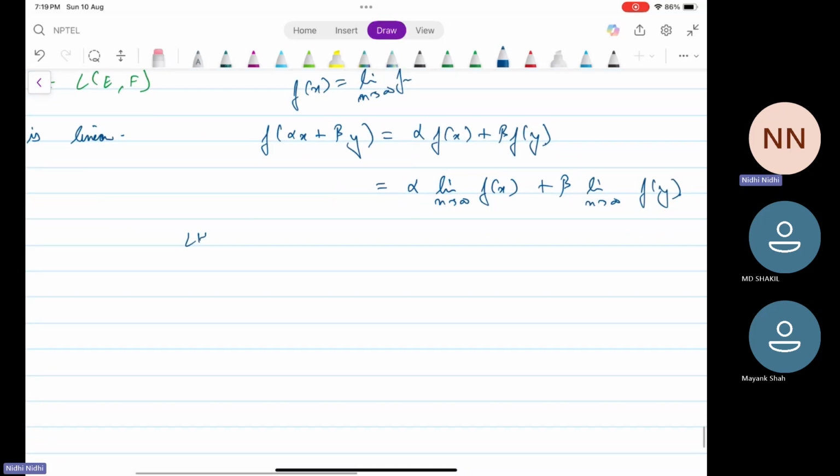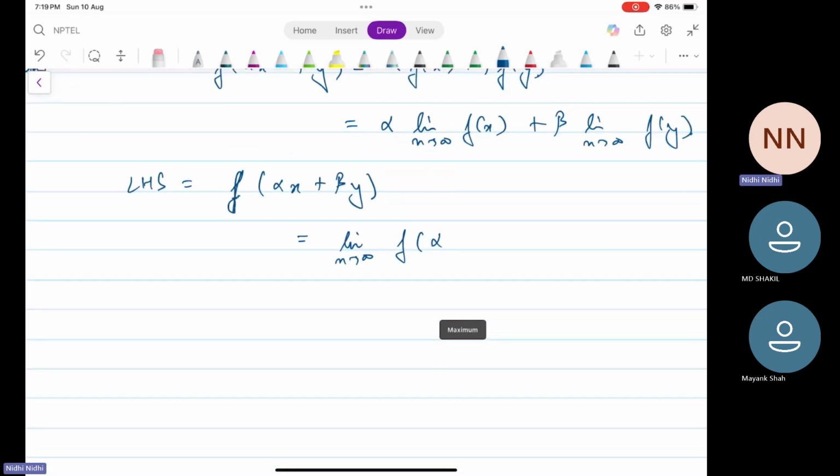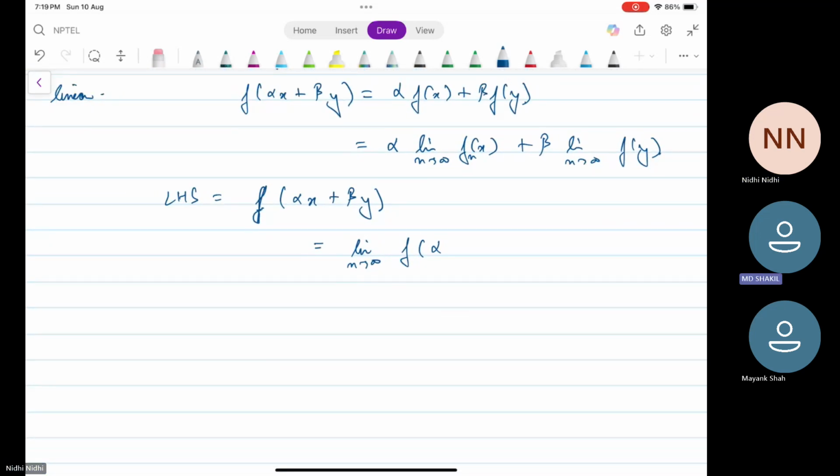So our LHS is F of alpha x plus beta y. And by definition of F, this is limit n tending to infinity of Fn, sorry, this is Fn of alpha x plus beta y. Now since each Fn is linear, I can split this out.